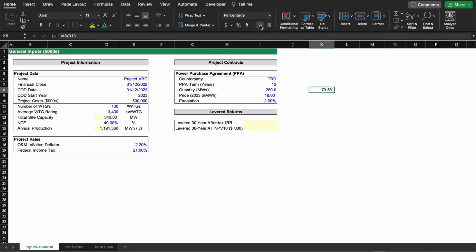I don't know. If I were in her shoes, I would ask the question, what do you mean by this, right? 250 megawatts, what? Whenever I produce below the 250, I deliver everything to the counterpart, or I will only deliver 73% of the production?